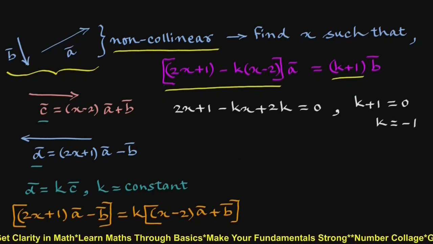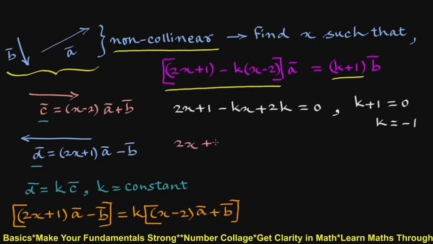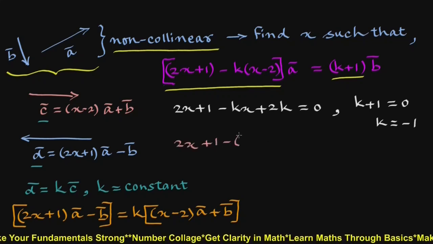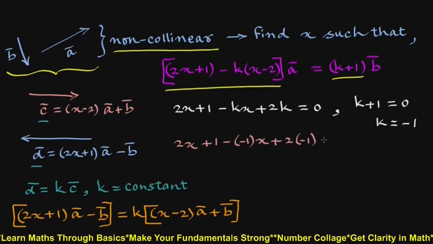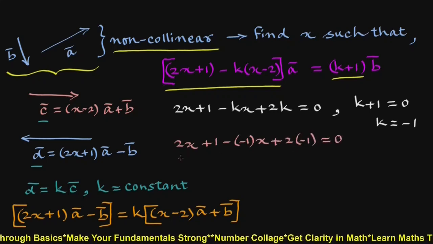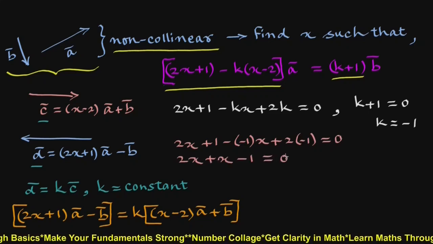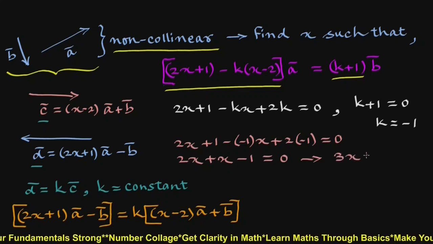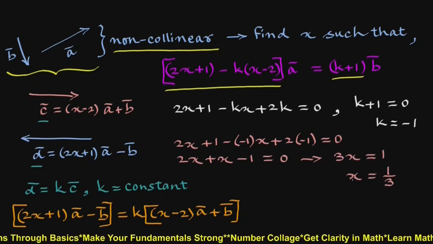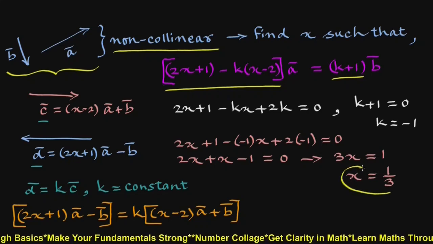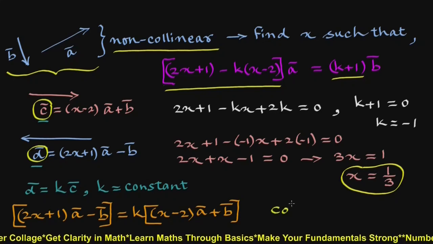Substituting k equals minus 1 here, this will be 2x plus 1 minus, putting the value of k, minus 1 times (x minus 2) equals 0. This will be 2x plus x minus 1 equals 0, 3x equals 1, x equals 1 upon 3. So when x is 1 upon 3, vectors c bar and d bar will be collinear.